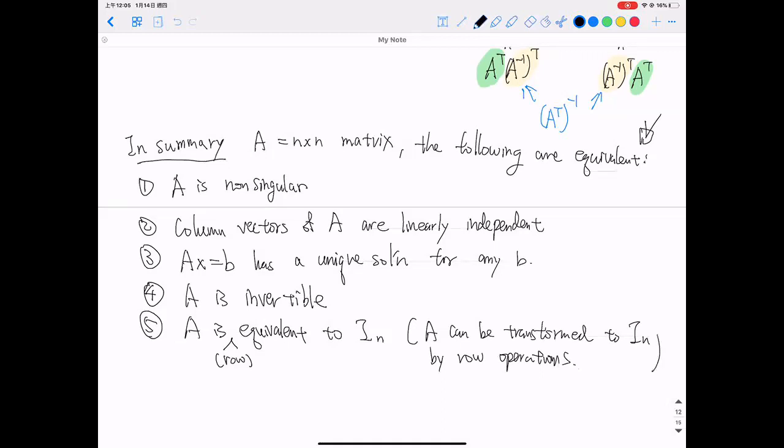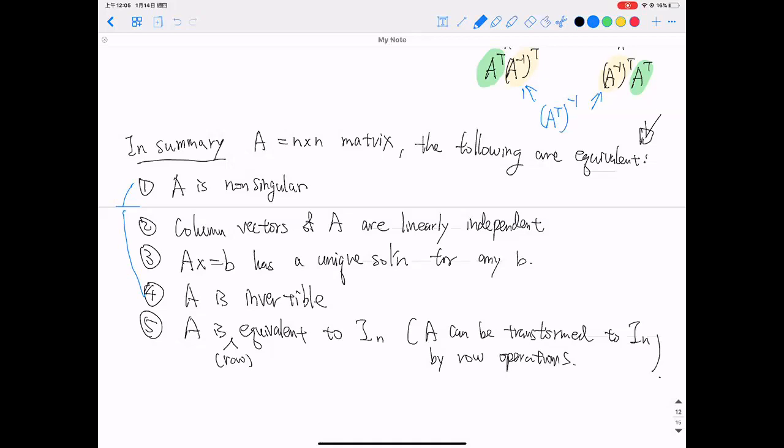Okay. Let's see. We've certainly seen one is the same as 4. That was a theorem that we proved.